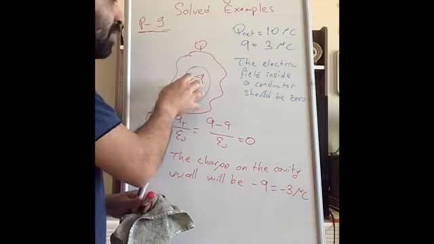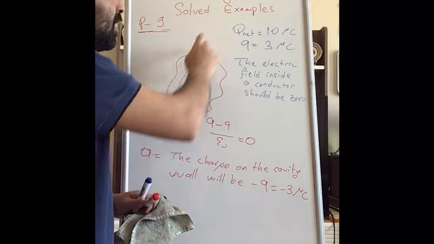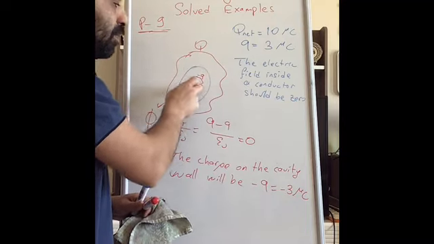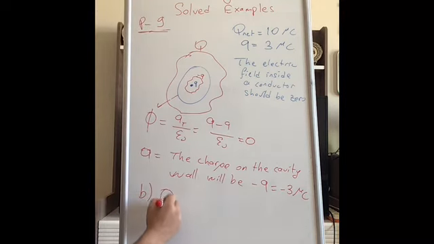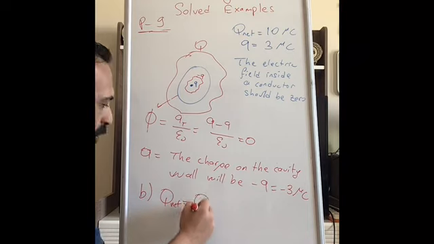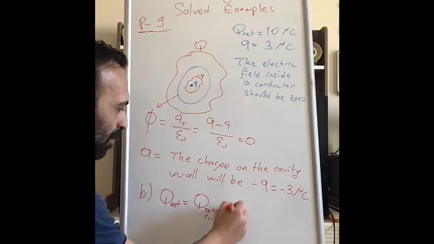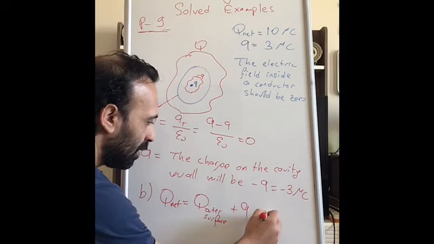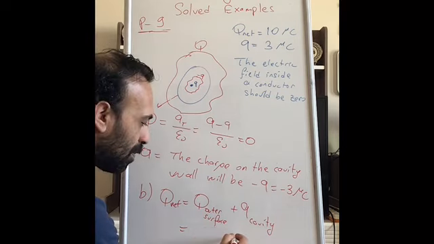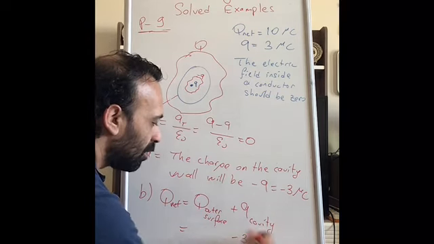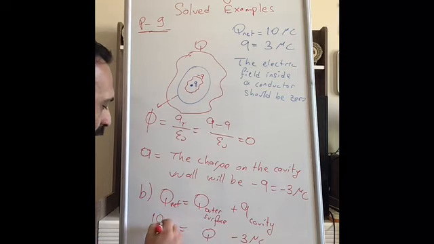Actually, if there was no cavity, this whole charge would be distributed over the surface, but the conductor sent some of it to the cavity. So Q net should be equal to Q outer surface plus Q cavity. We already calculated Q cavity, which is minus 3 microcoulomb, and we don't know Q outer surface, and the net should be equal to 10 microcoulomb.